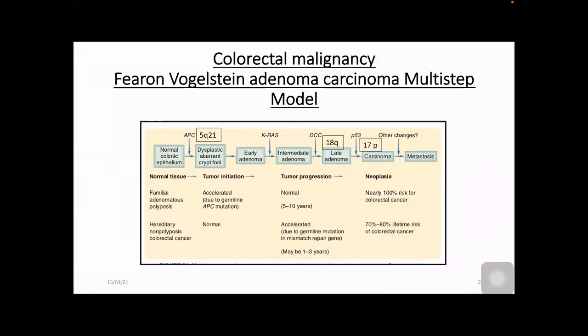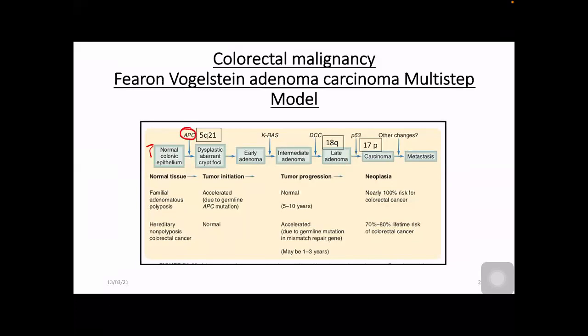This is a very important flowchart which is given in Sabiston. So make sure you look at this table every day so that it comes to your mind whenever you see a question relating to this. Let's see this one by one. For the normal colonic epithelium, the first mutation to go through this adenoma carcinoma sequence is the APC gene mutation.